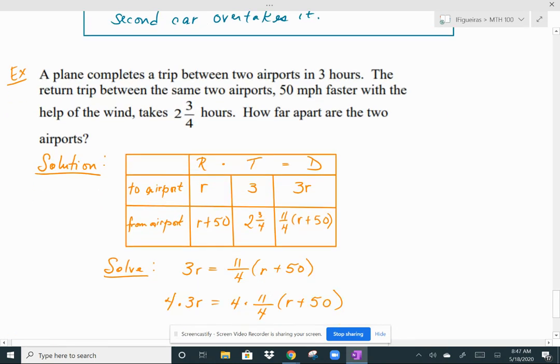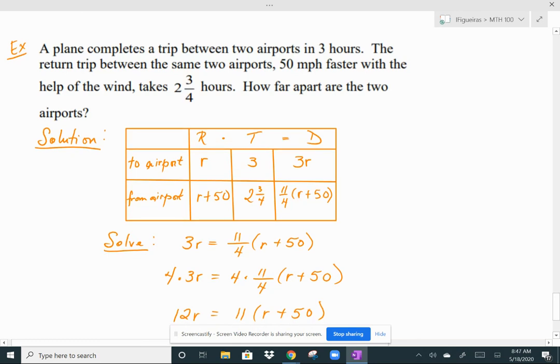A plane completes a trip between 2 airports in 3 hours. The return trip between the same 2 airports, 50 miles per hour faster with the help of the wind, takes 2 3/4 hours. How far apart are the 2 airports? All right, so we have the same plane going to an airport and then returning back to the original airport.